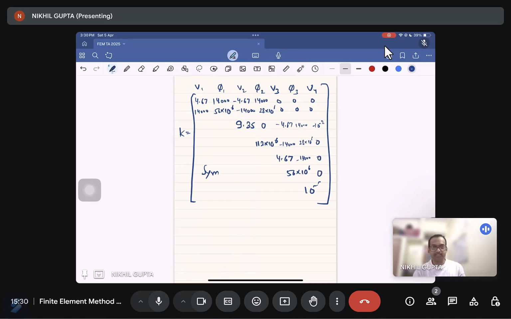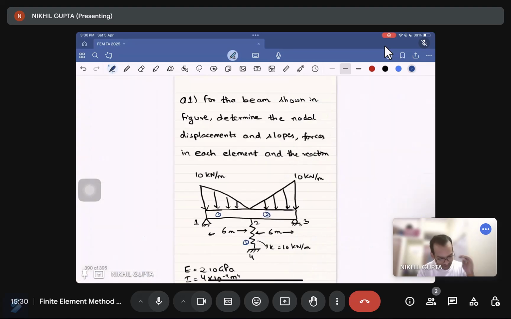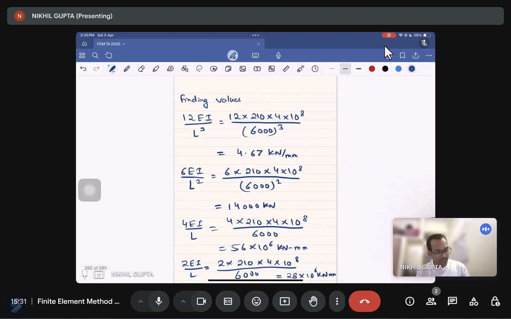Rest all terms are symmetric, so you can fill the matrices. Now you got the global stiffness matrix. Let's see what the question is asking. It is asking for the nodal displacements, slopes and the forces. So this means you have to solve the full problem of FEM.